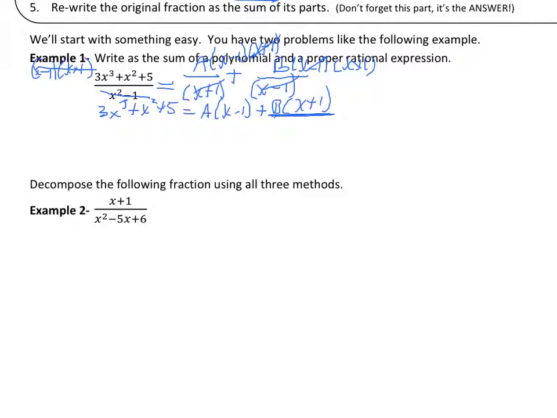So I'm going to say, let x equal negative 1. And everywhere I see an x, here and here and here, I'm going to plug in negative 1 in its place.